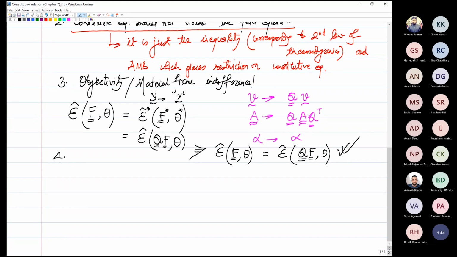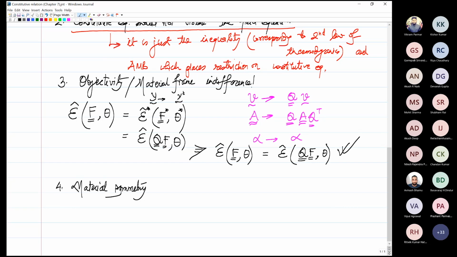All right. So having discussed that, we proceed further. Then there is something called material symmetry. It has got to do with microstructure of the material. You know that there are materials which are, for example, isotropic, or orthotropic or transversely isotropic, or materials which have crystal symmetry.